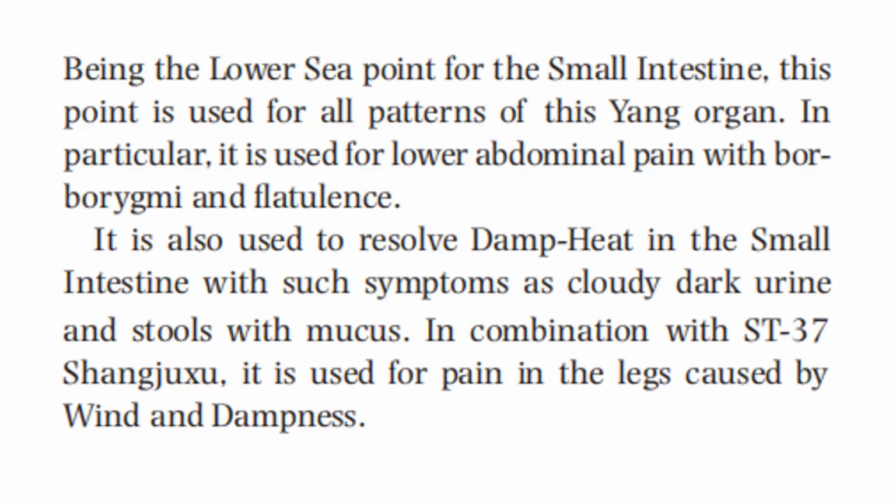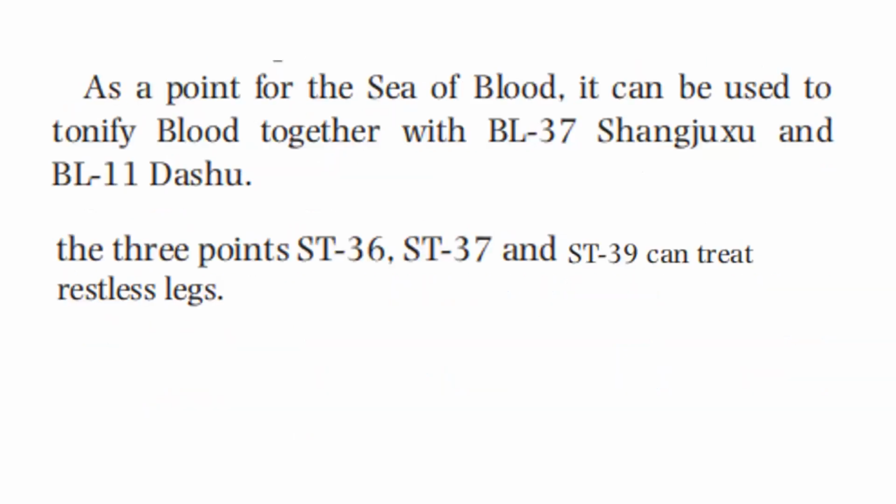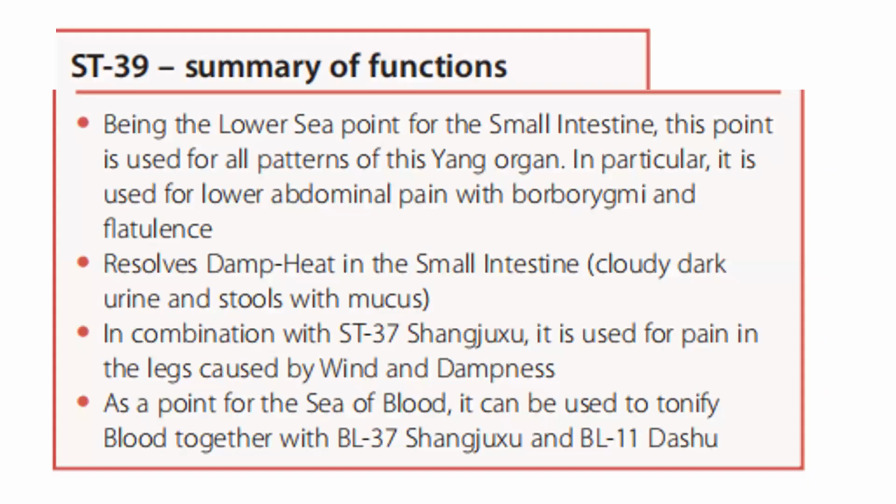In combination with stomach 37, it is used for pain in the legs caused by wind and dampness. As a point for the Sea of Blood, it can be used to tonify blood together with bladder 37 and bladder 11. The 3 points, bladder 37, bladder 36, and stomach 39 can treat restless legs.